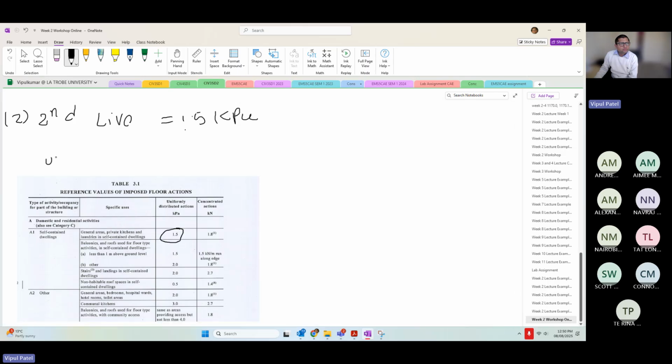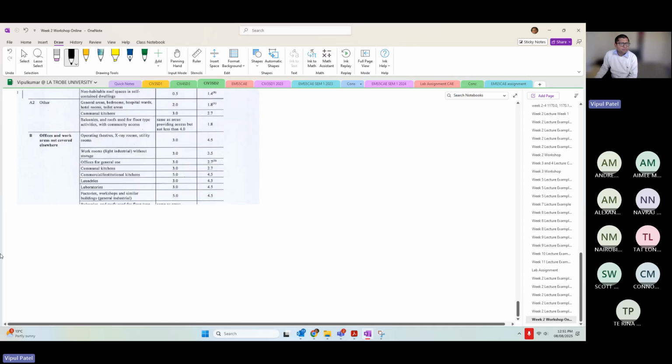So the UDL load, W live load, second floor, floor 2, is equal to your pressure multiplied by the perpendicular distance, multiplied by 2.045 meters, you get about 3.07 kilonewton per meter, right? Live load is a little bit simpler than the dead loads, because you get the pressures and multiply by floor load width, which is basically the perpendicular distance.